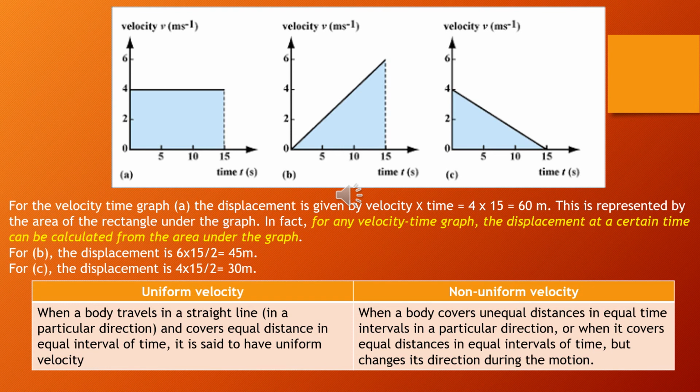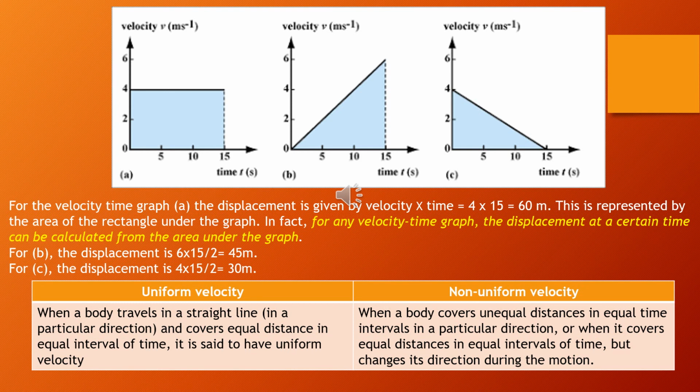So this is the complete calculation. Graph A is showing uniform velocity, graph B is also showing uniform velocity, but graph C is showing negative velocity.